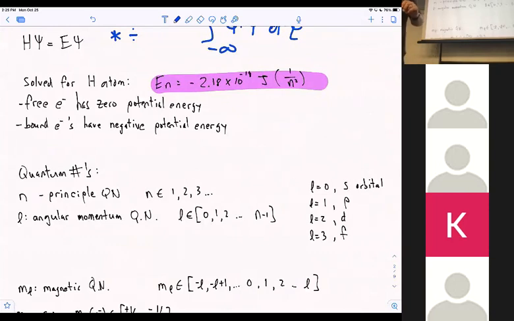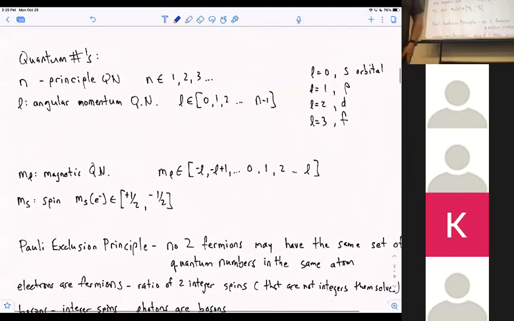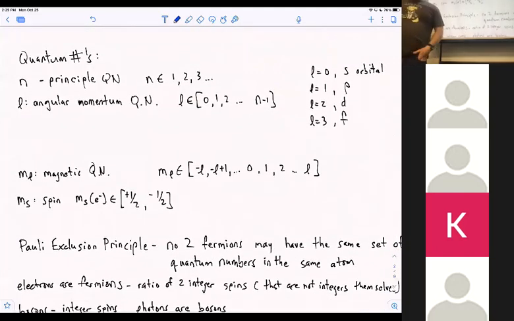So I already mentioned here, the energy of level n is the Rydberg constant times 1 over n squared. So what is n? n is the principal quantum number. Here we are now in the quantum mechanical model.